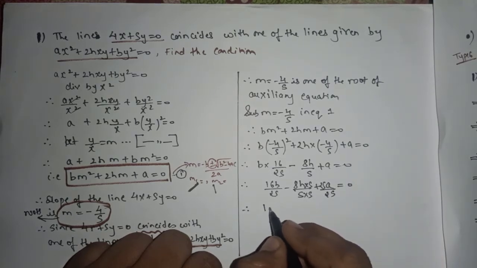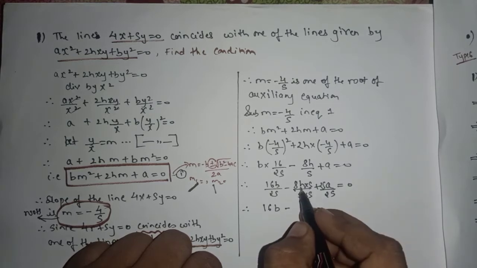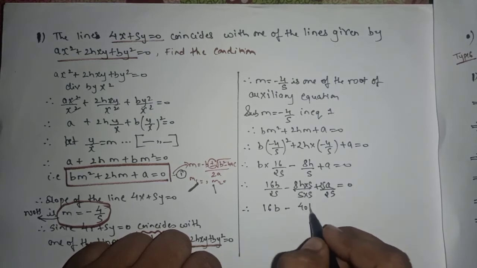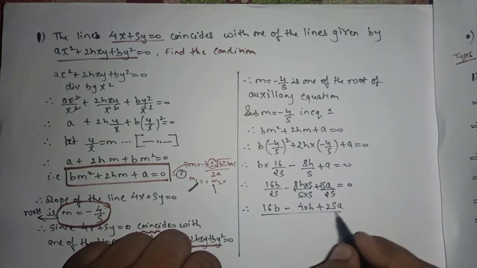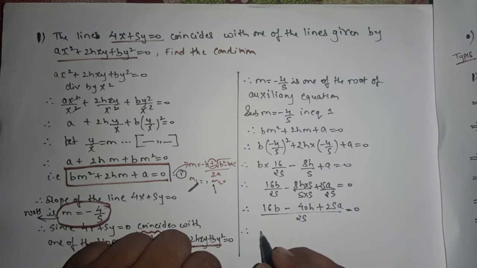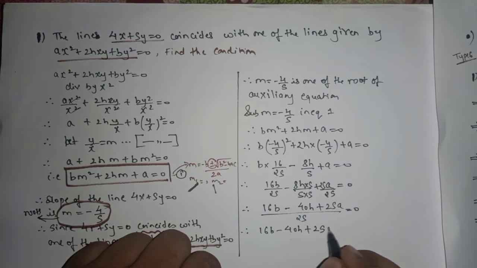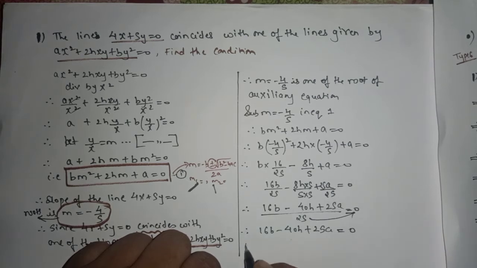So in the next step we'll get 16b minus 40h plus 25a upon 25. In the next step we can write 16b minus 40h plus 25a. This 25 will go to the right hand side, so you will get 0.